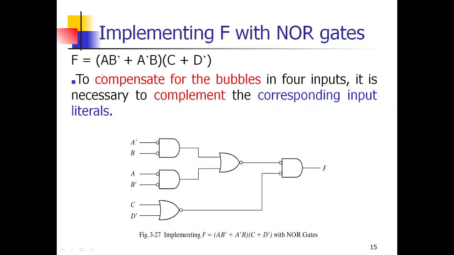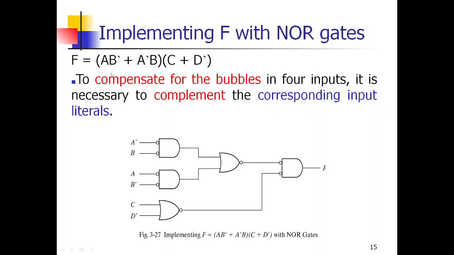Here is a Boolean function that can be implemented with only NOR gates. For a NOR implementation, if we have the Boolean function in the form of product of sum, then it is easy to convert that AND OR circuit to a NOR implementation.